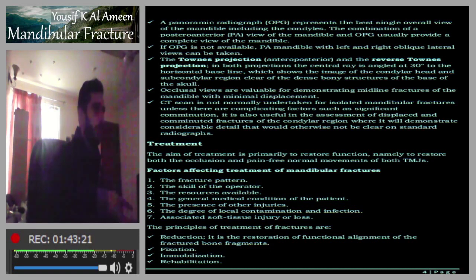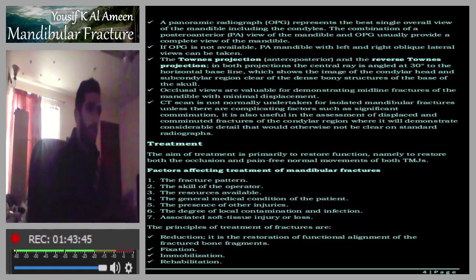The principles of treatment of fractures are, there are 4 principles of treatment of the fracture. Reduction, it is the restoration of functional alignment of the fractured bone fragments.